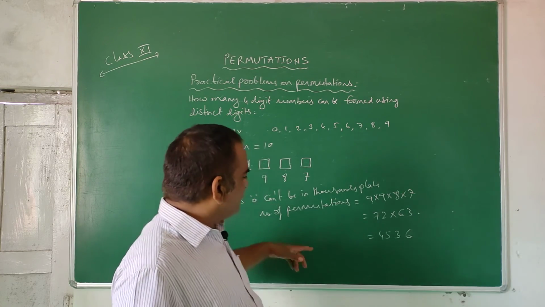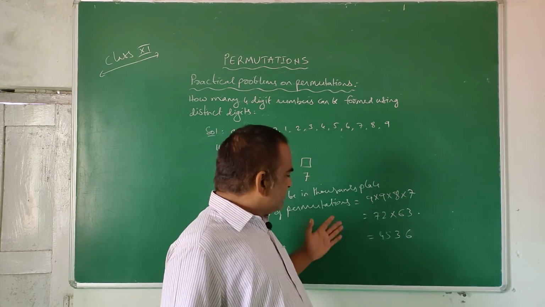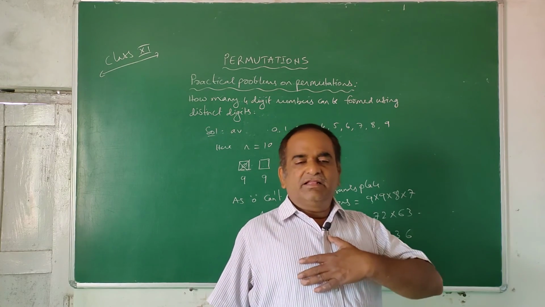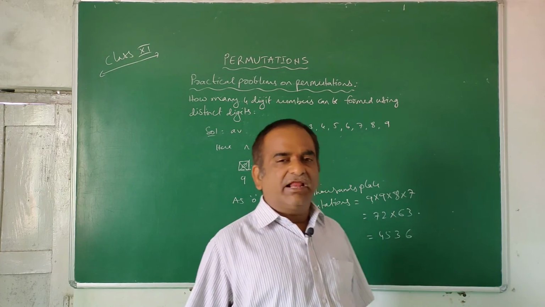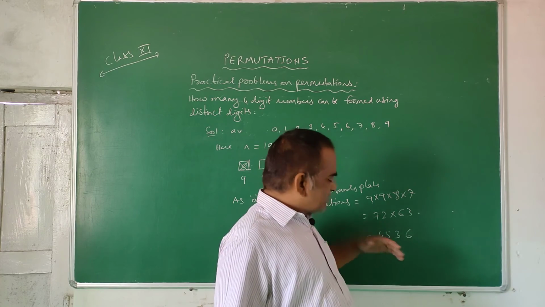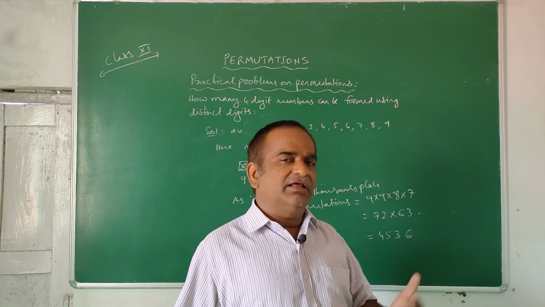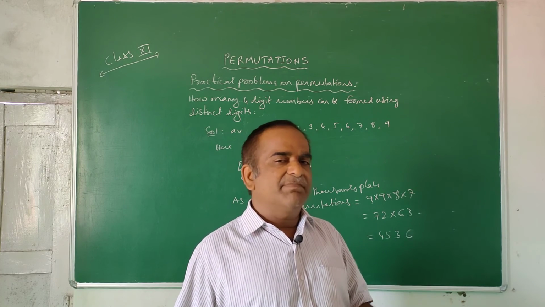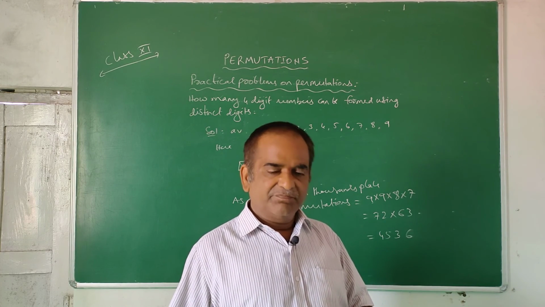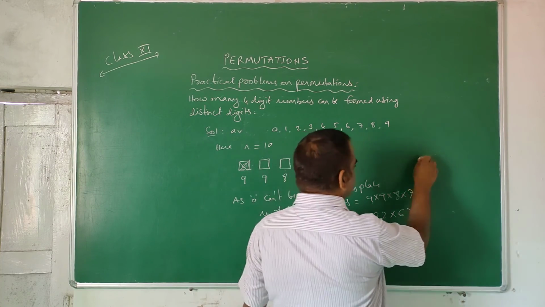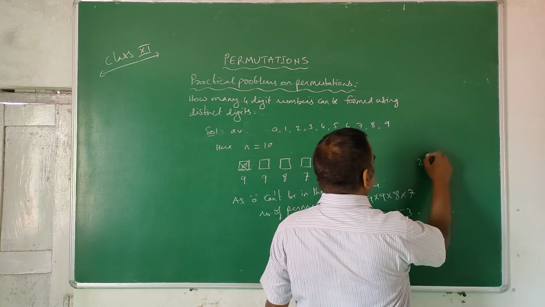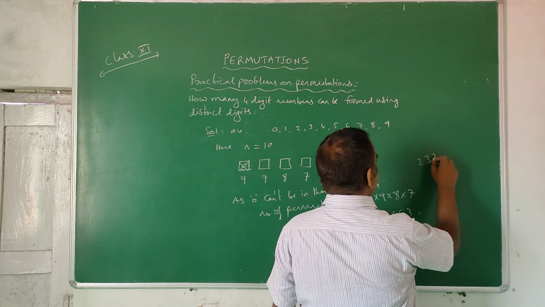Here one point is very clear: repetitions are not allowed, which means the used number cannot be used again in the same permutation. You are not taking numbers like 2236 or 2336.